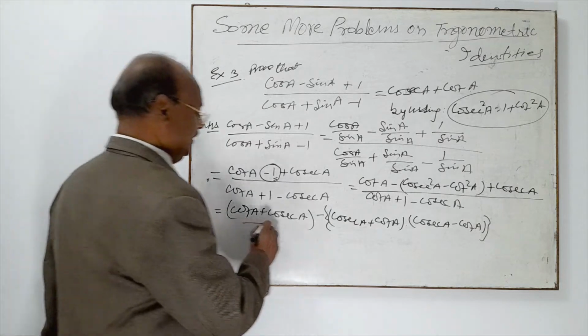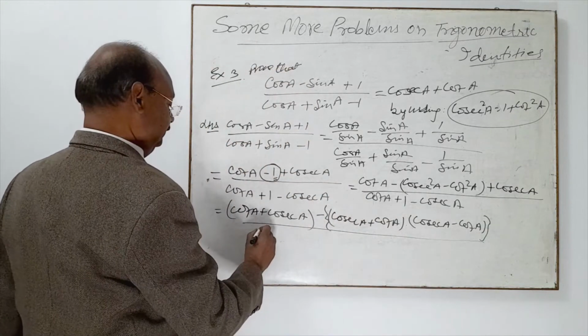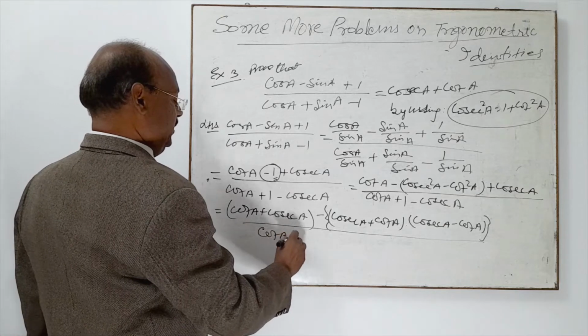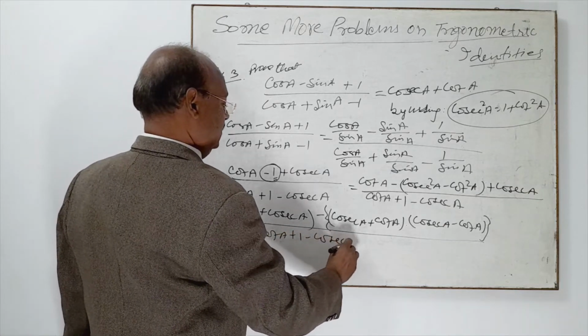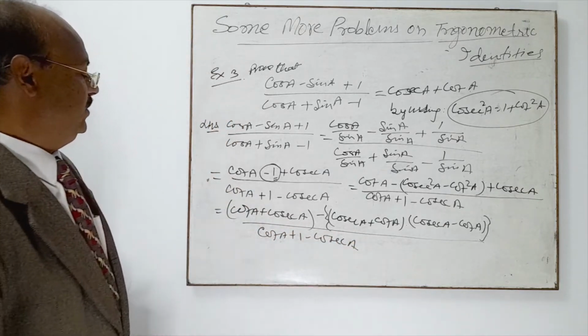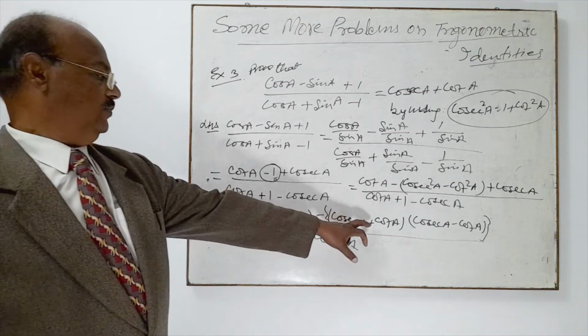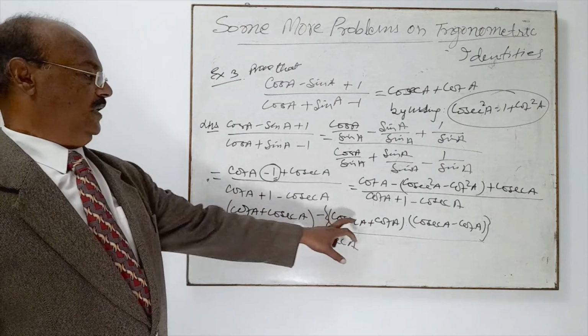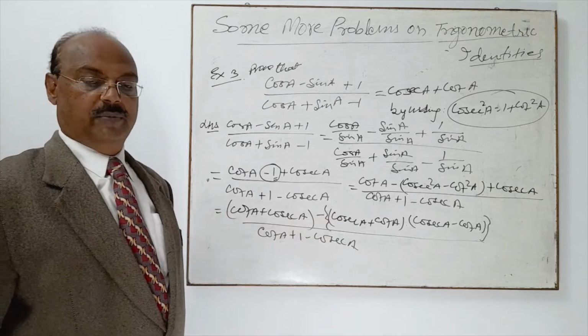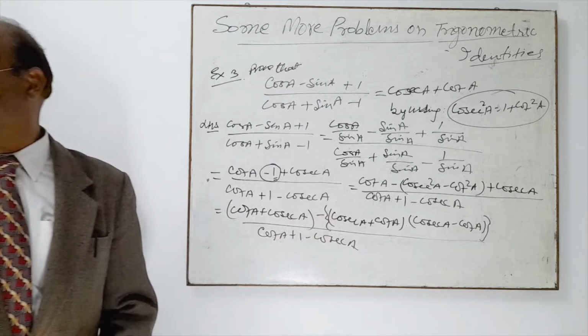And denominator will remain same. Cot A plus 1 minus cosec A. And you see, in these two terms, cosec A plus cot A will be common. So let us take common here.